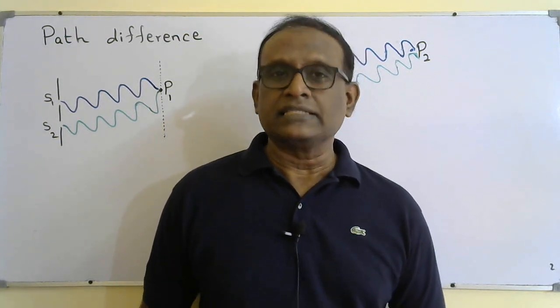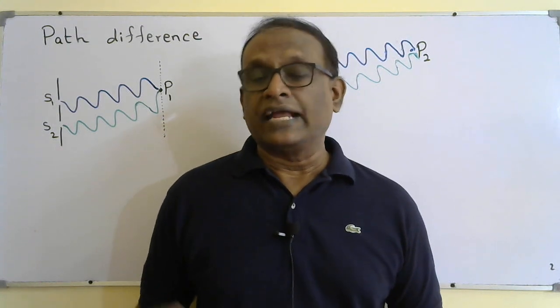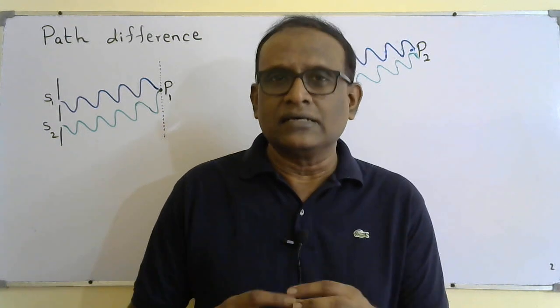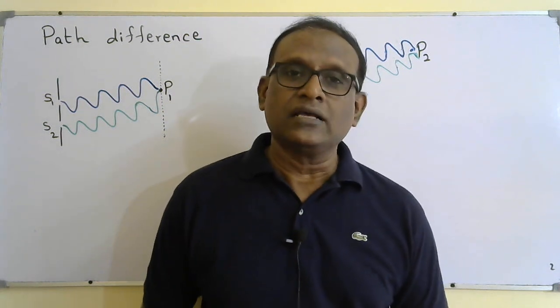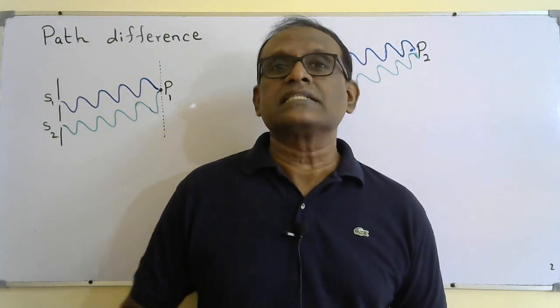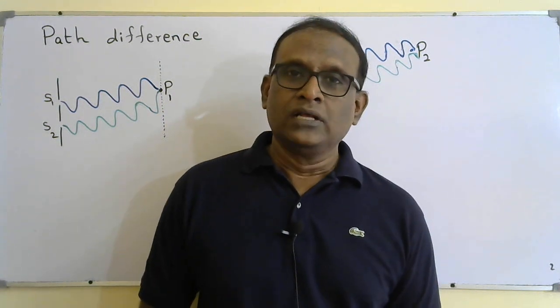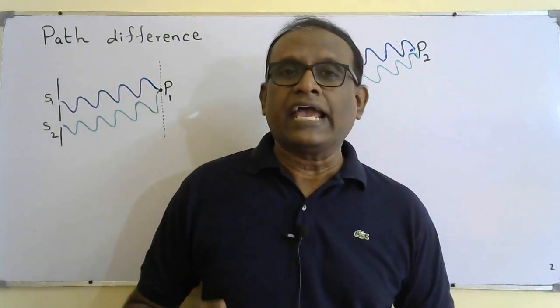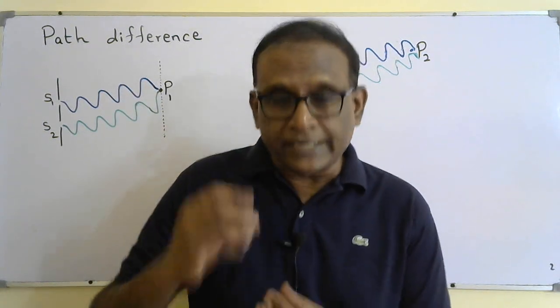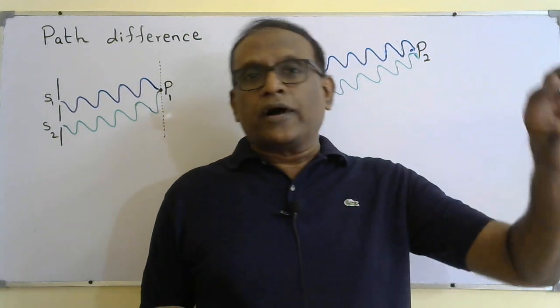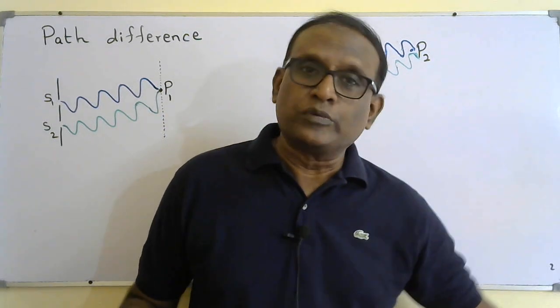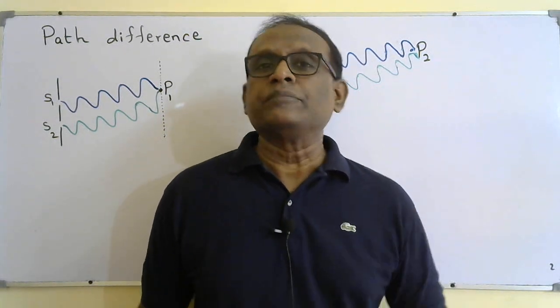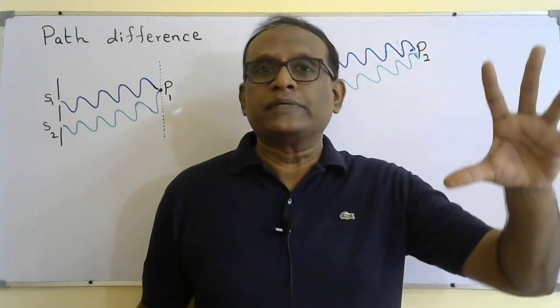Go through my first lesson, where I showed what phase and phase difference are. It's something related to the wave equation. But path difference is a measurable quantity. So in space, when we have two coherent sources, at different points in space, different types of superposition will occur. At certain points, there will be constructive superposition.